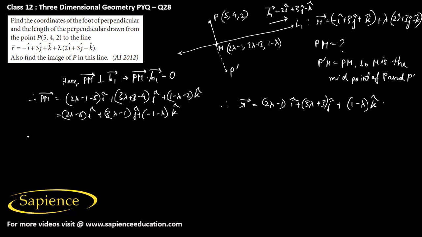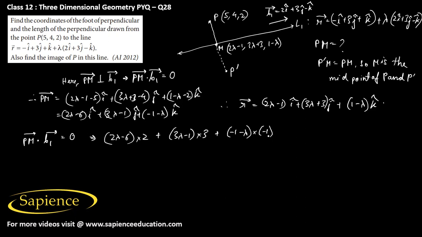So now PM vector dot B1 should be equal to 0. So it means we can tell that (2 lambda minus 6) into 2, plus (3 lambda minus 1) into 3, plus (minus 1 minus lambda) into minus 1, is equal to 0.